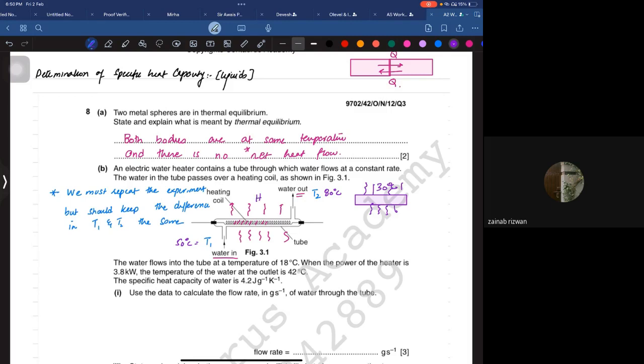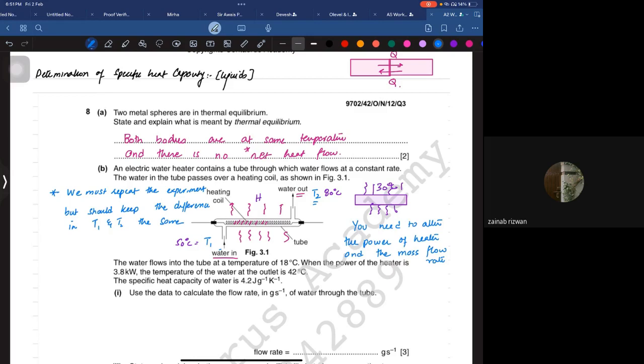All right, kids? So what you do next is you want to keep these temperatures the same, and you need to alter the power of the heater and the mass flow rate, which means how much mass of water is flowing through this tube.